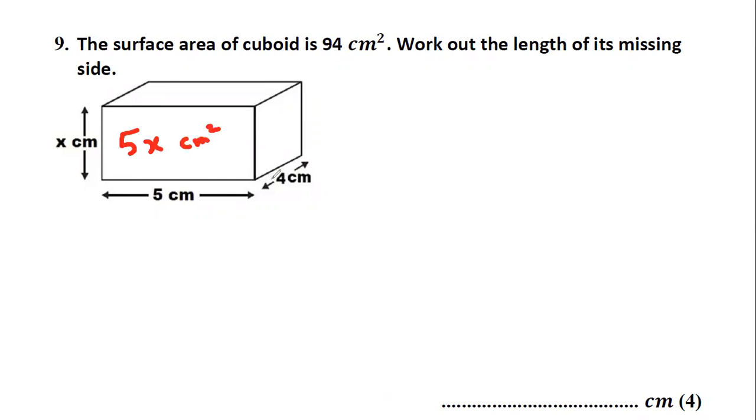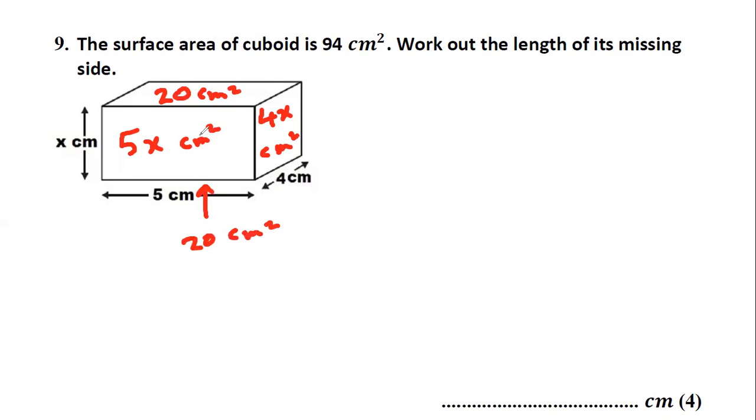The area of this face will be, base is 4 and height is x, so 4 times x will be 4x centimeters squared. And the area of the top face will be 5 times 4, 20 centimeters squared. But there is another area in the base at the bottom of the shape, which is also 20 centimeters squared.